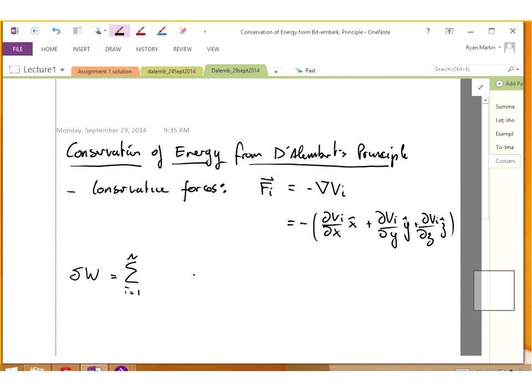So the total virtual work on the system is given by those forces dotted with the virtual displacements. Based on our definition of force, that is minus the sum from i equals 1 to capital N of the gradient of a potential Vi dotted with delta Ri.